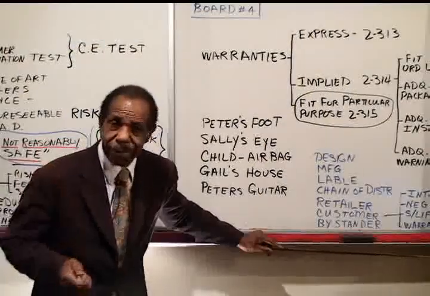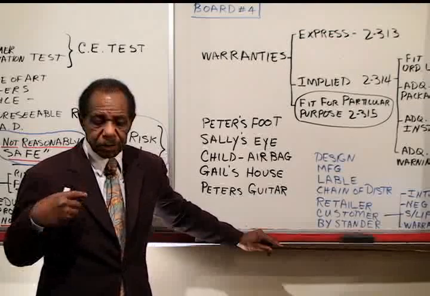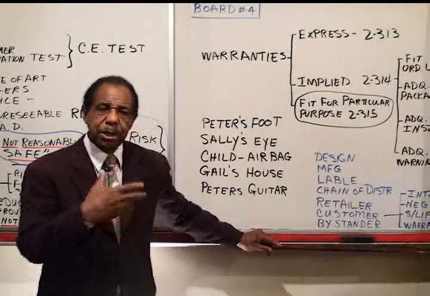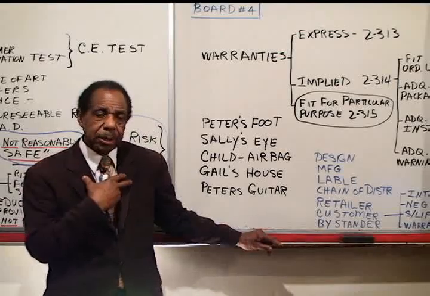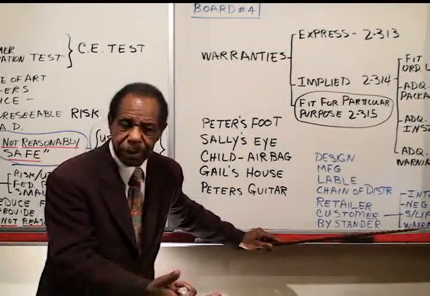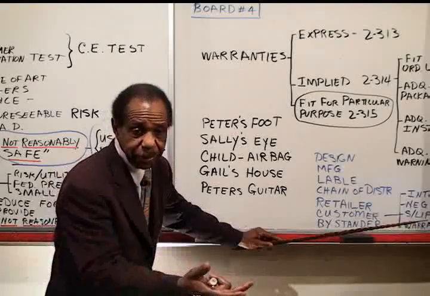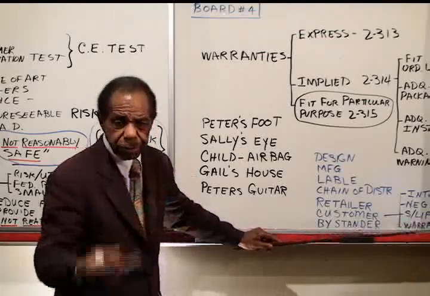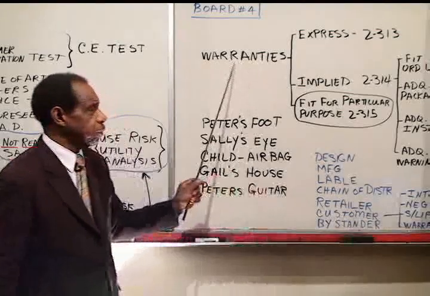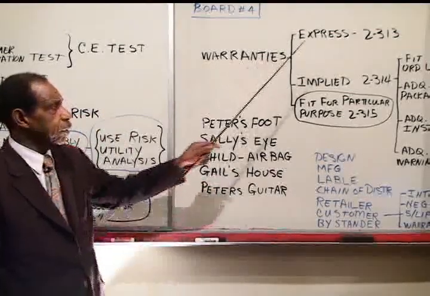Well, in our case, let's back up for a second. The reason you can recover under warranty theories is if I'm the seller of the product and I promise you this product is going to perform in a certain way, and it doesn't perform that way and you get hurt, then you can sue for breach of that promise. Okay? And that's what the warranties are about, more fully explained on that video.